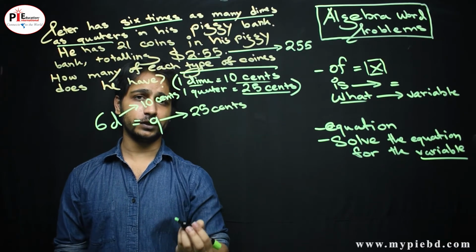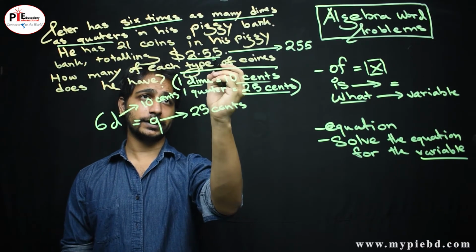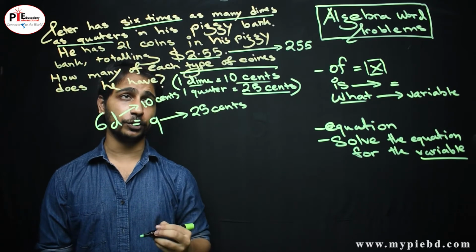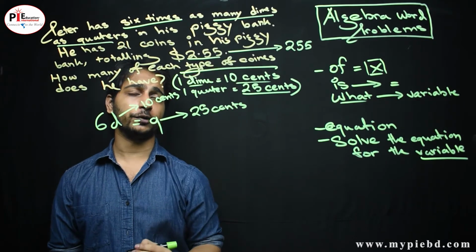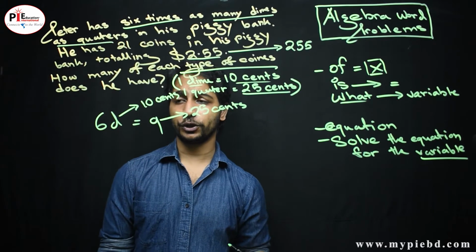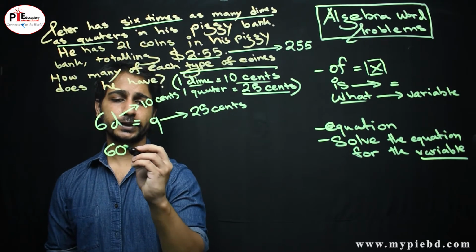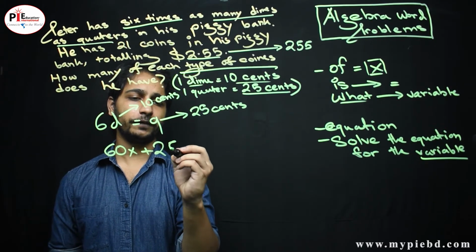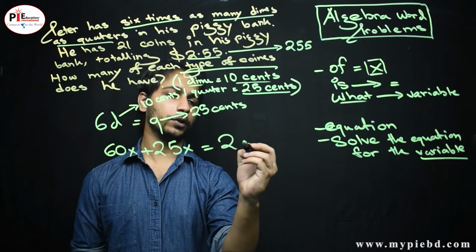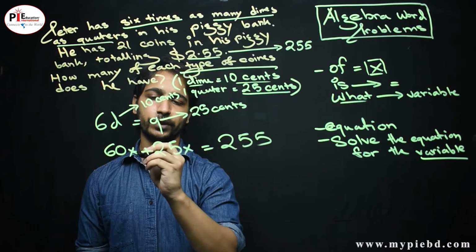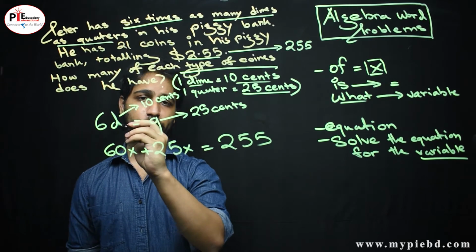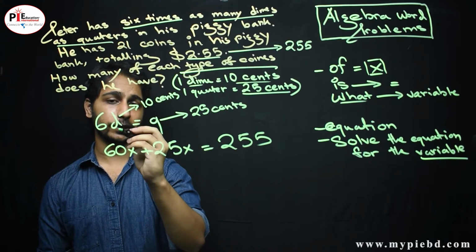If we have it in terms of x, the x in this case would add up to the value 255. So we can say that 60x plus 25x is going to equal 255. Remember, x in this case represents the dime multiplied by 6.